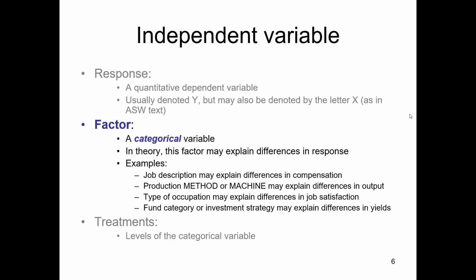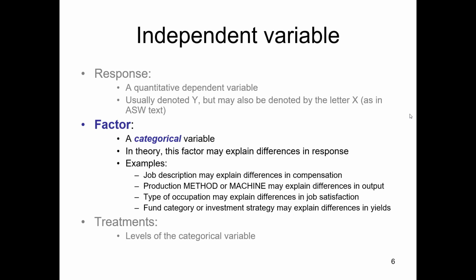Okay, the next thing we have in our model is what we call a factor, a categorical variable. And this factor we use to explain differences in the variability in the response variable. So we had one example, I think a little earlier, where we had job classification and we looked at income.